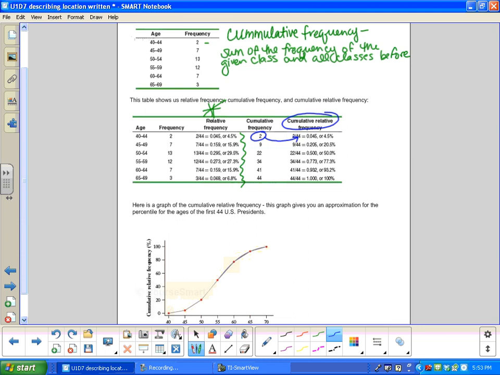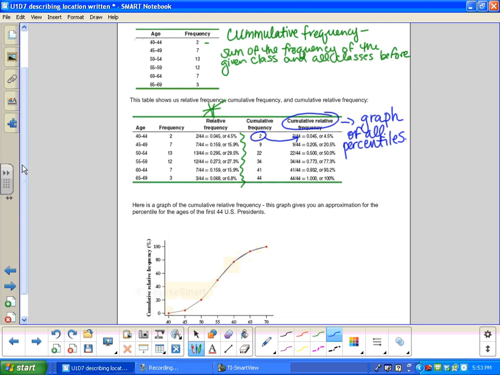I think it's pretty self-explanatory. But the cumulative relative frequency is a graph of all the percentiles, and it gives you an estimate. Now, it's not going to be perfect because you're only using dots and then you're going to connect the dots, but it'll give you an idea.